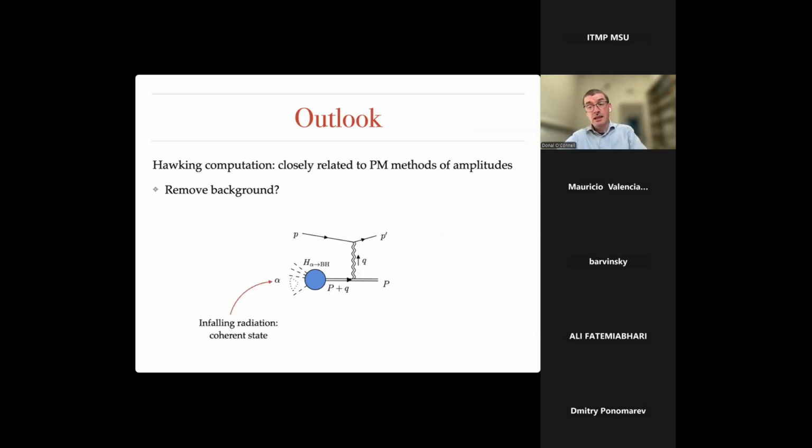What I will do, and we're working on this at the moment, is we're shooting in a coherent state of radiation. So as I had this thin shell of radiation in that Vaidya background, now we actually turn on a coherent state of some other scalar field in the far past, and compute essentially just the S matrix, the evolution of this coherent state falling in, and forcing it to become a black hole in the future.